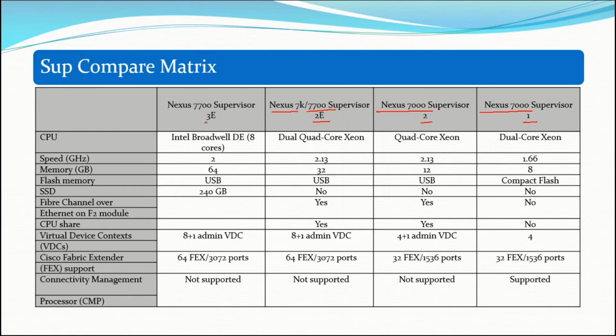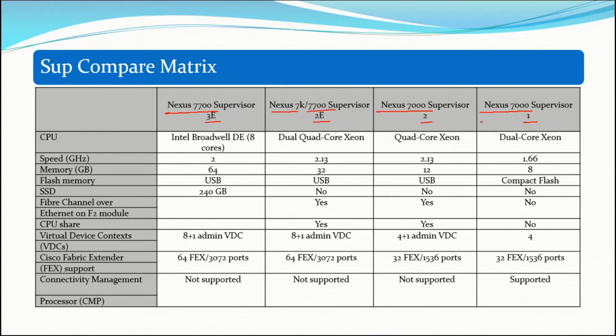But 3E, which is an advanced supervisor engine, has been developed only for Nexus 7700 series switches. So just to memorize: Nexus 7700 can support 2E or 3E. It's an enhanced version of supervisor engine that can be installed in 7700.